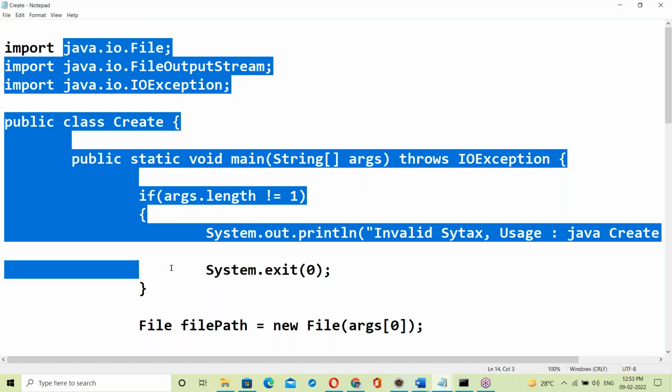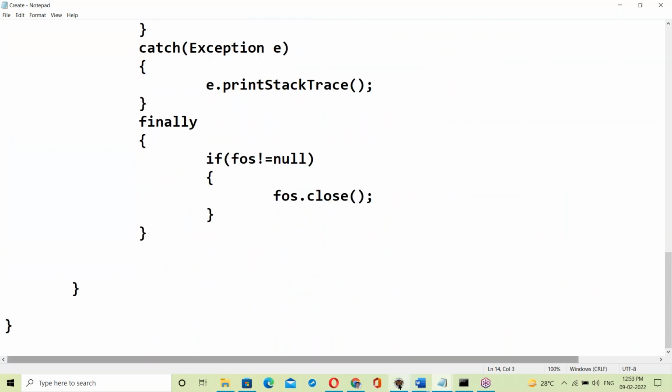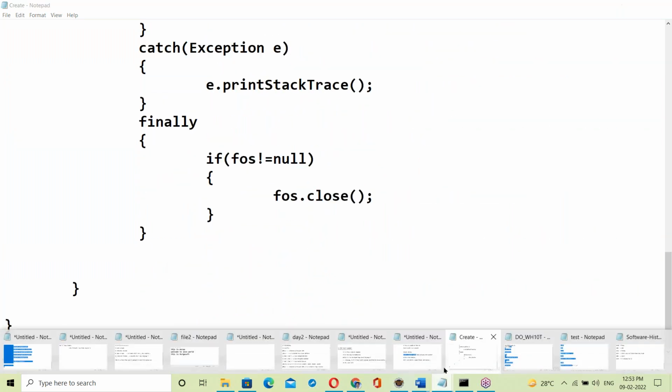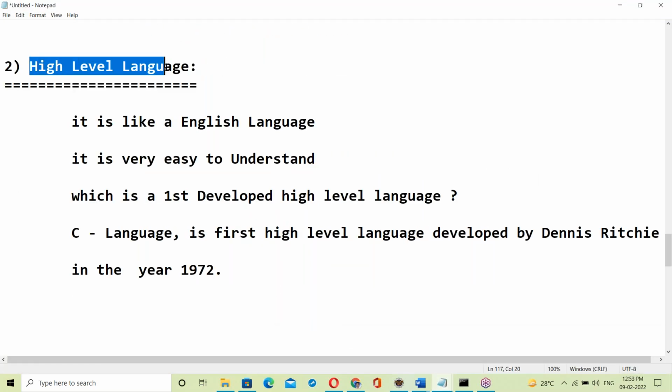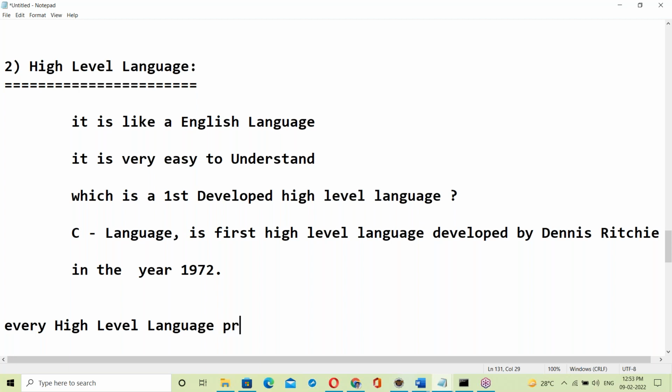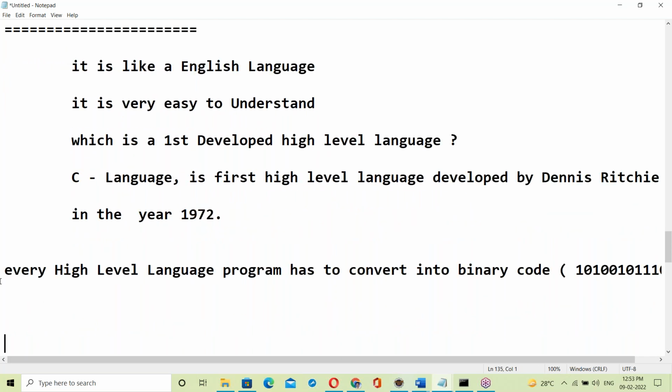It has to be converted into system understandable language, which means binary codes. Every high level language program has to be converted into binary code, otherwise the system cannot understand it. Binary code is the zeros and ones format.